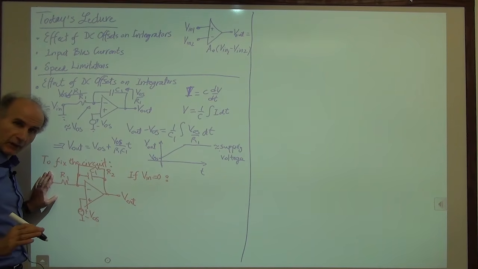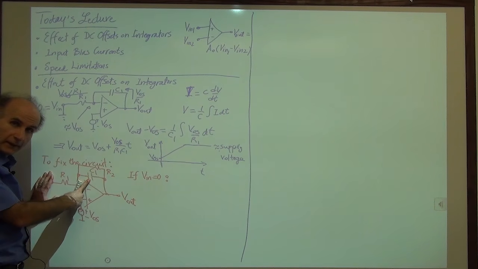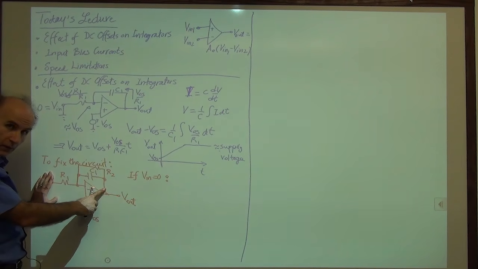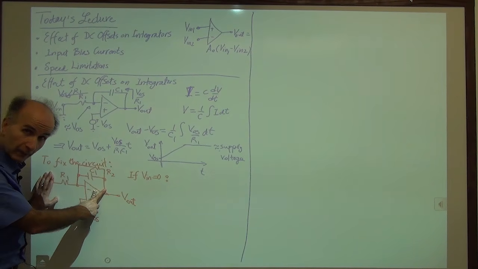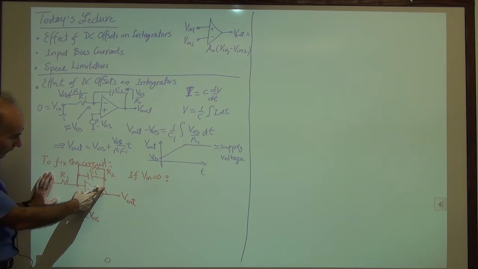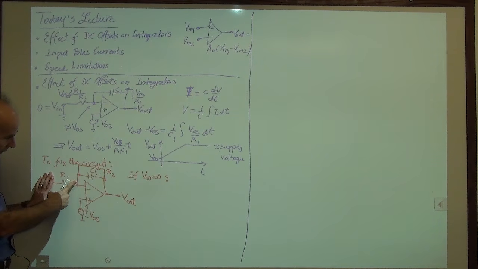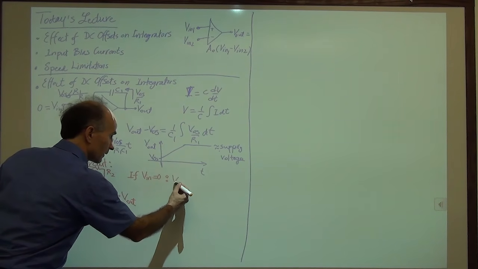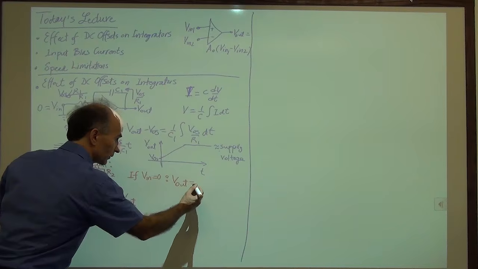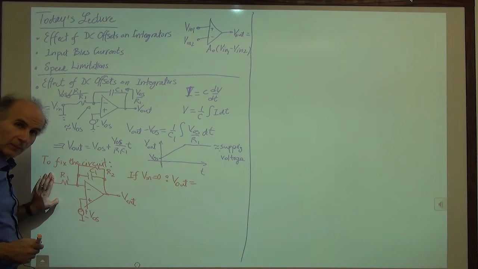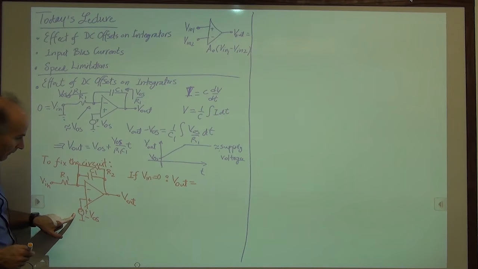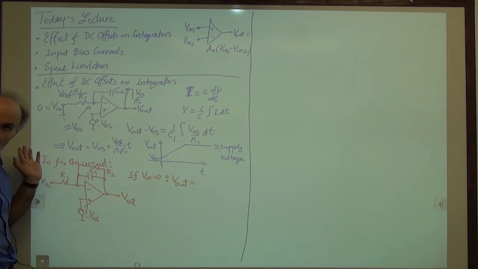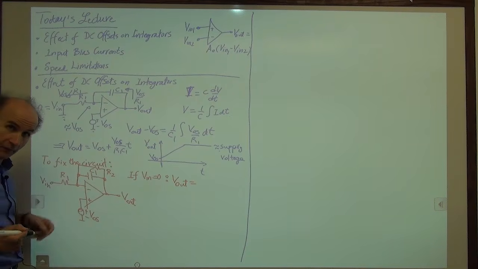After all the transients have died away, C1 is an open circuit, and VOS sees an amplifier from here to here, which is a non-inverting amplifier, because we took the output, we went through a resistive divider, and we went to 0. So the output is simply an amplified copy of VOS. VOS is amplified by 1 plus R2 over R1, just like an ordinary non-inverting amplifier.